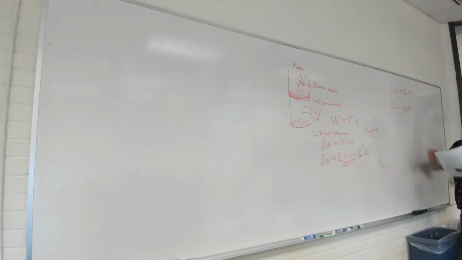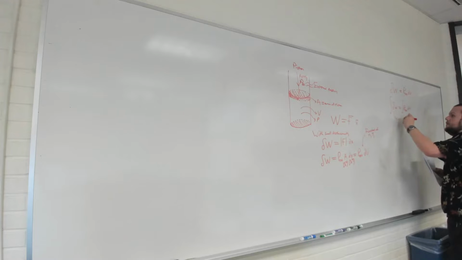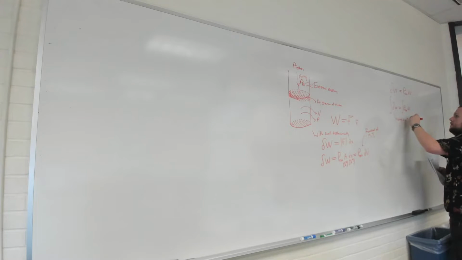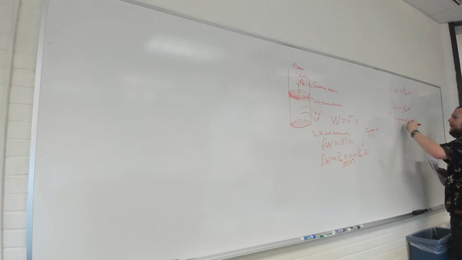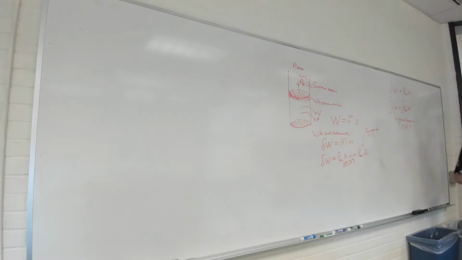So you have an integral of work. You integrate over all the small changes in work to get the total work, and you integrate over the change in volume to get the other side. But here's the problem. Work is a function of T, N, V, and P.